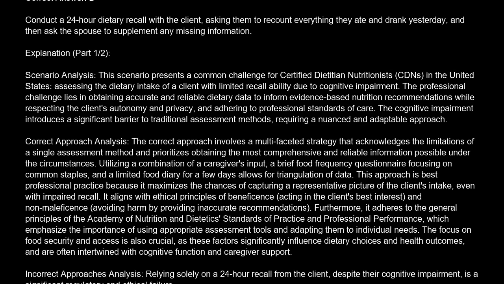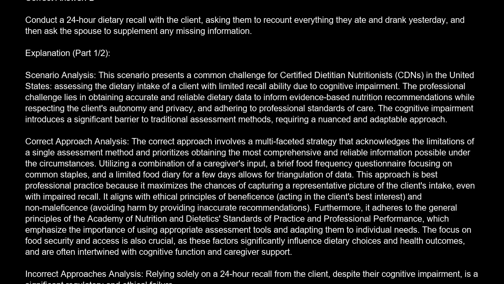Correct answer is D. Conduct a 24-hour dietary recall with the client, asking them to recount everything they ate and drank yesterday, and then ask the spouse to supplement any missing information. Explanation. Scenario analysis. This scenario presents a common challenge for certified dietitian nutritionists, CDN, in the United States: assessing the dietary intake of a client with limited recall ability due to cognitive impairment.